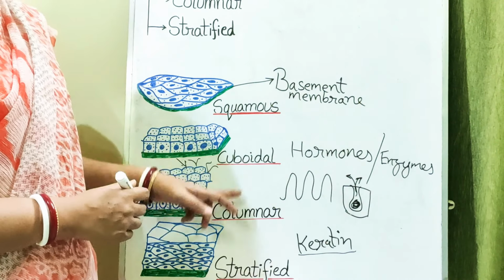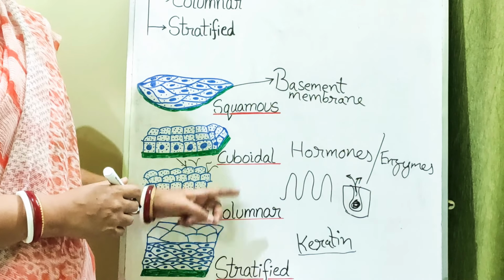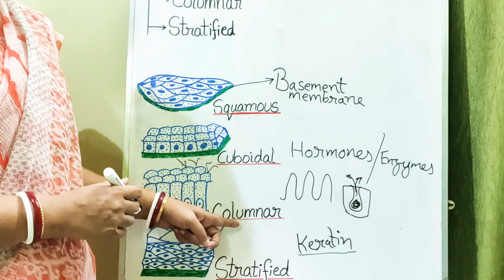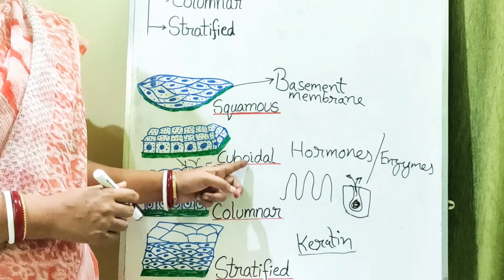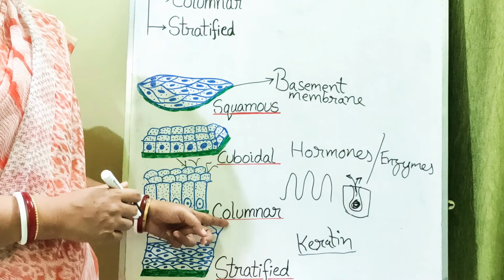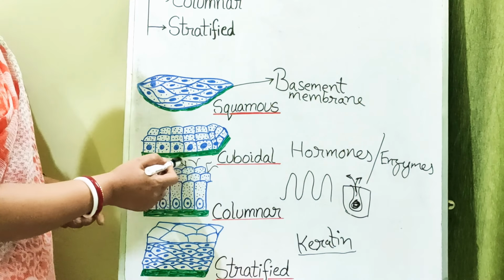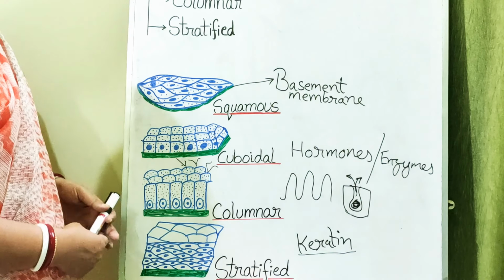So basically 4 types of epithelial tissue: squamous, cuboidal, columnar, and stratified. When the cuboidal or columnar are provided with glands, they are named glandular epithelial tissue. When the cuboidal or columnar tissues are provided with these hairy projections, they are called ciliated epithelial tissues.